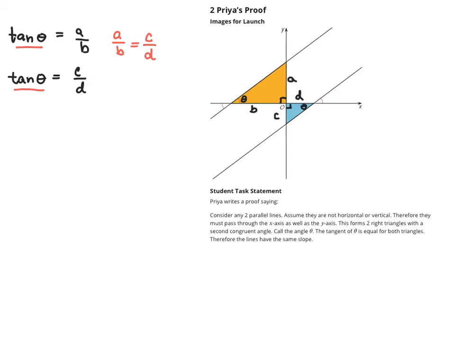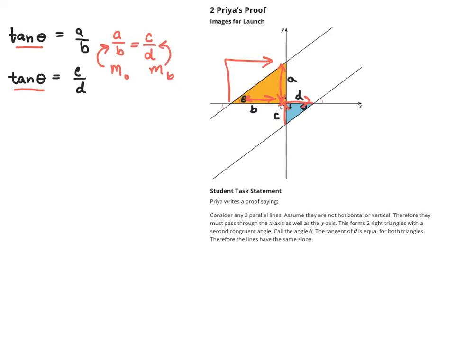A is a rise, because that's up and down, and B is a run, because that's left and right. So the slope of the orange triangle's line is rise over run, A over B. C over D is rise over run, so that is the slope of the blue triangle, and they're equal.